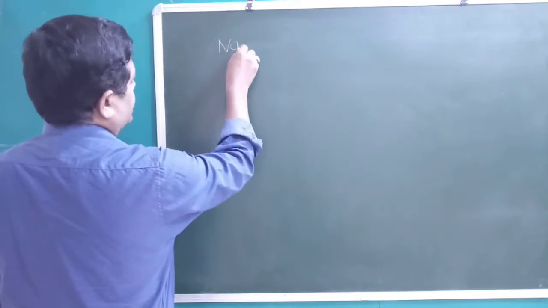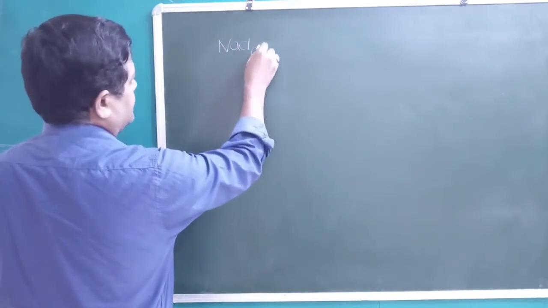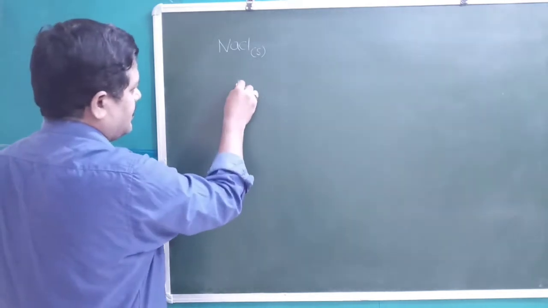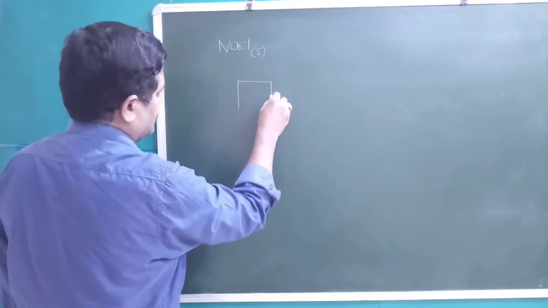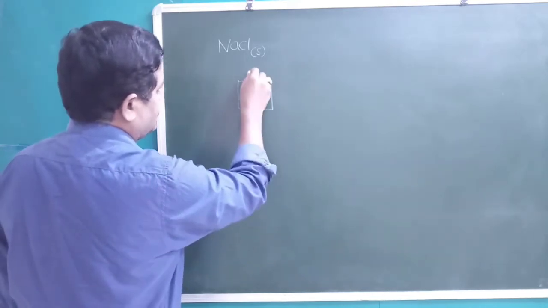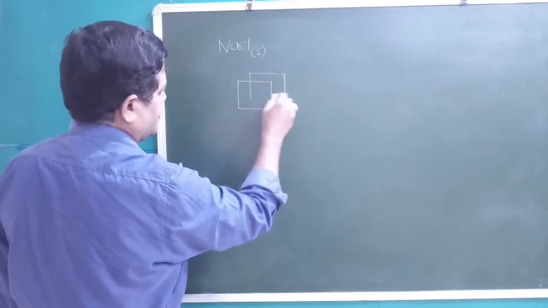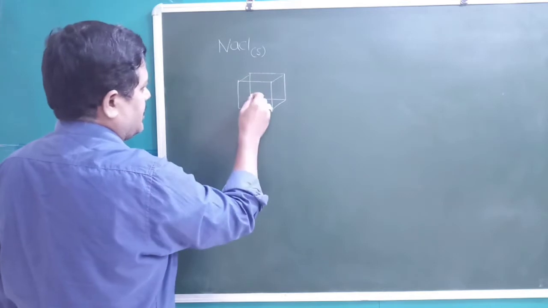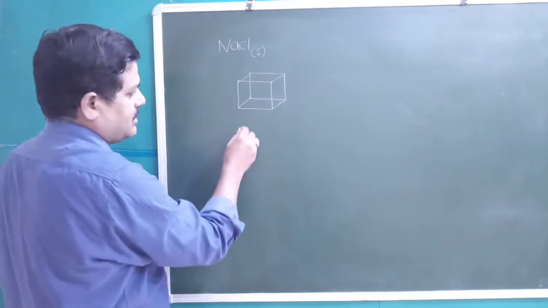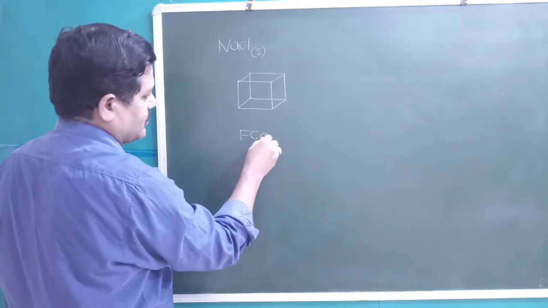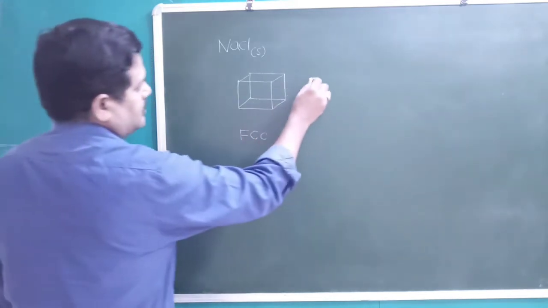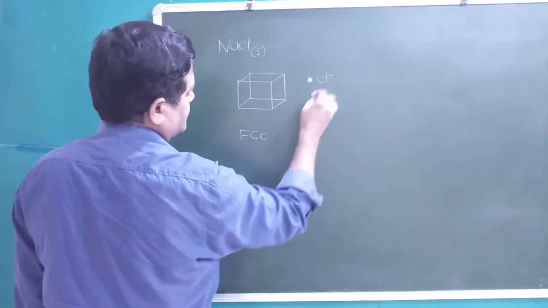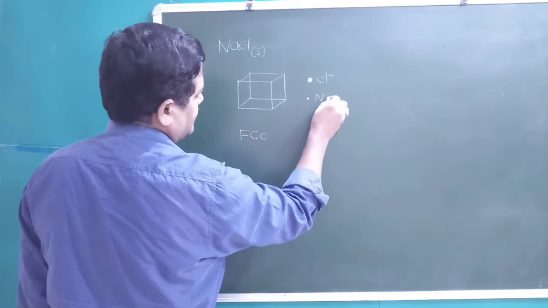NaCl solid. In NaCl solid, the smallest unit of crystal lattice is called the unit cell. Let us consider one unit cell of NaCl crystal lattice, which is of FCC geometry, face centered cubic close packing. Cl minus ions I am indicating with the big dot, Na plus with the small dot.